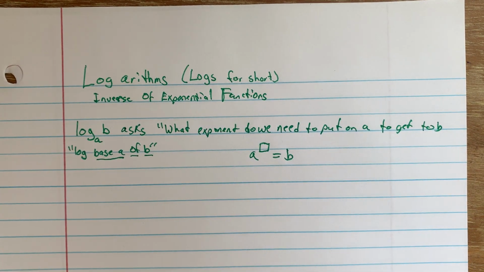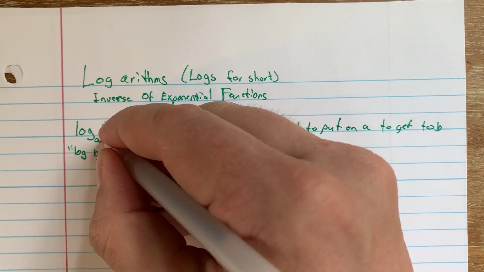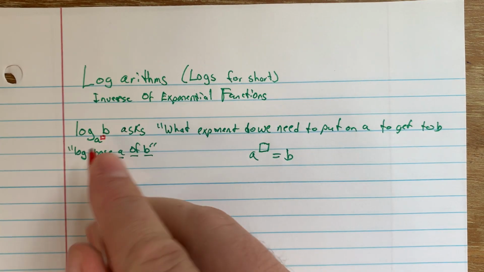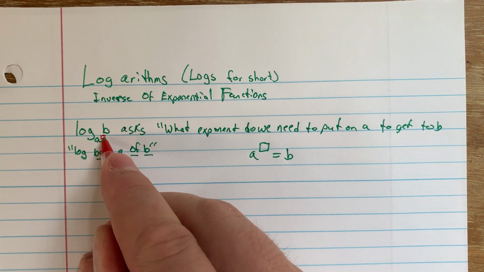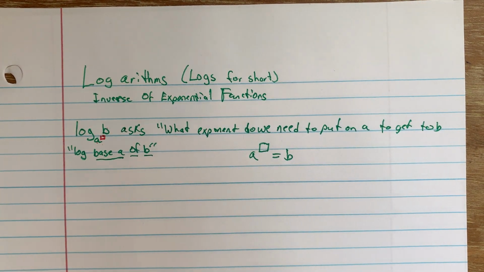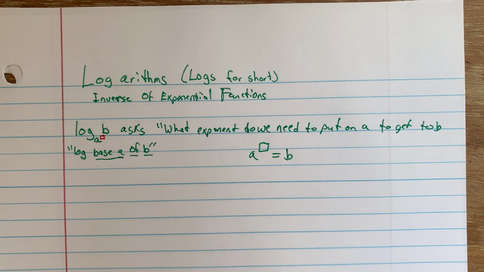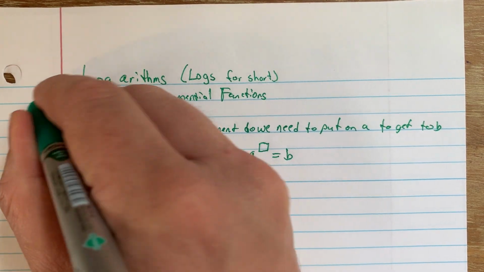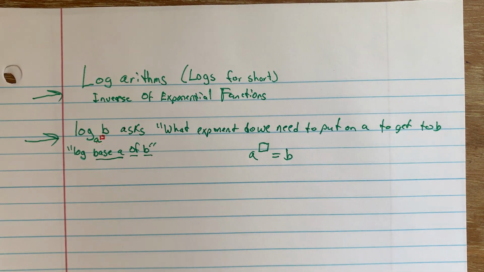So I like to think of it as if there's an invisible missing exponent sign that we need to figure out what goes there. A to what exponent will give us b? And you can see how this is related to exponentials already, I think. So let's do a couple examples. This is the key thing of the day already, guys.